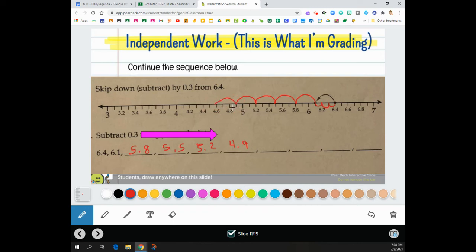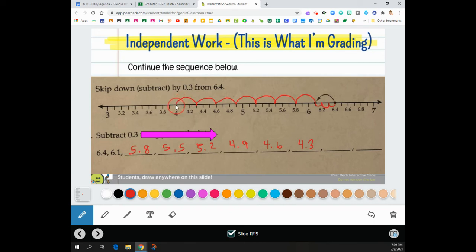Making my big jump. It has 3 little ones underneath. Yep, I'm landing at 4.6. Making my big jump, again, making sure I have 3 small ones. That landed in between 4.2 and 4.4. So that would be 4.3.